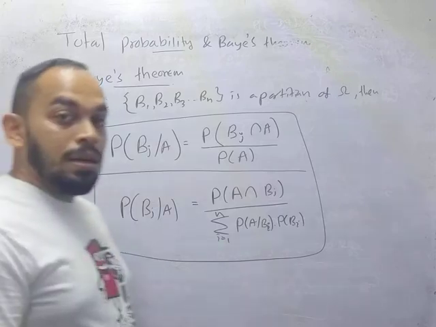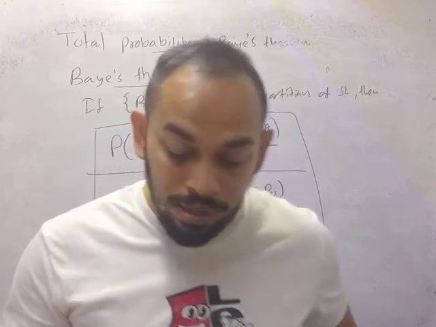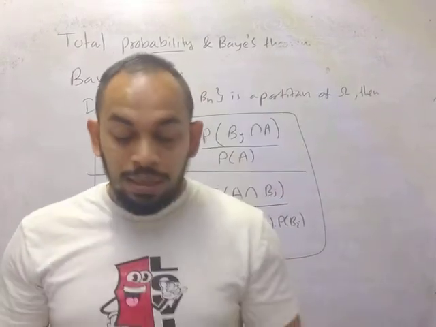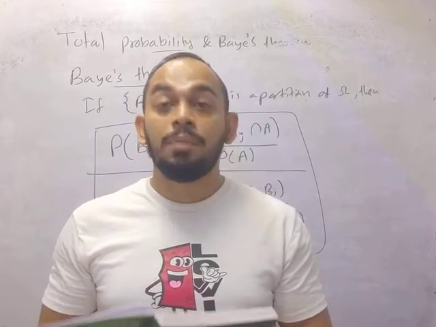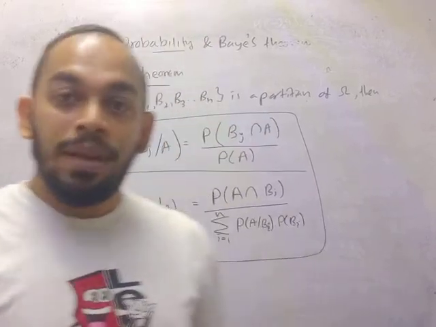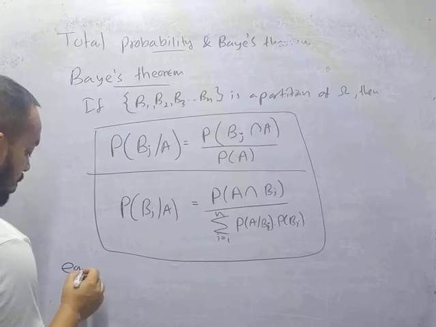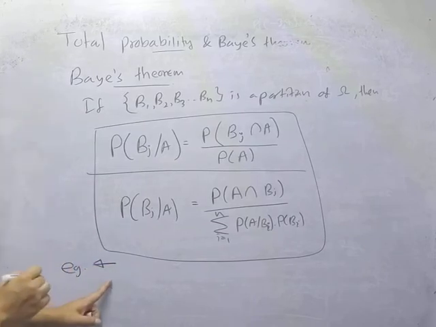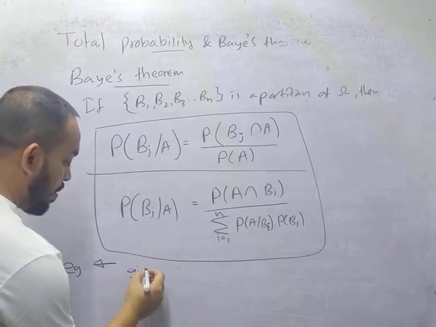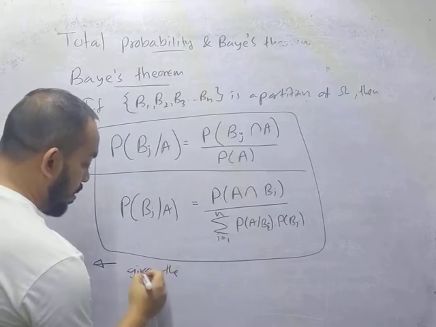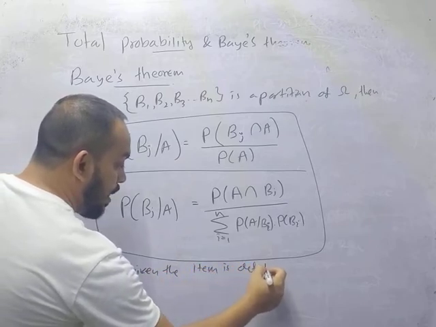So let's get back to the previous problem. So they didn't ask us to find this. In the example we just did, if an item is selected at random, find the probability that the item is defective. Okay. So මෙතනදී example from the previous problem. Given the item is defective, now we know the item is defective.